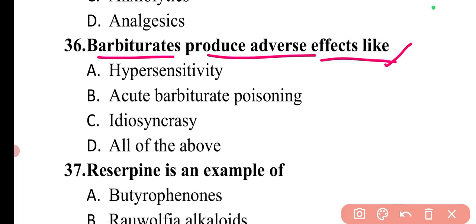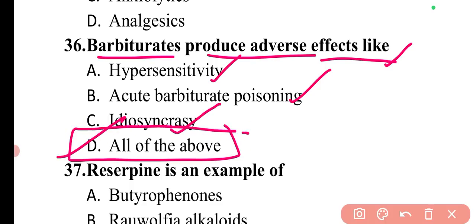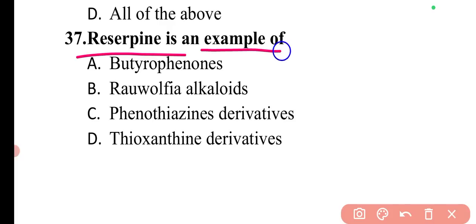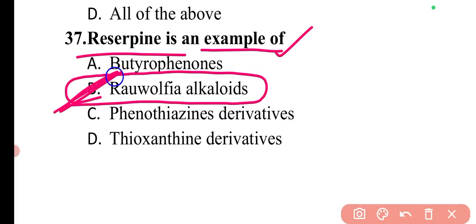Basically, barbiturates are drugs which can produce hypersensitivity, acute barbiturate poisoning, and idiosyncrasy. These types of adverse effects can be seen. So here option D, all of the above, is correct. Next question is, reserpine is an example of. Reserpine is basically an example of Rauwolfia alkaloid. So here option B is the correct answer.